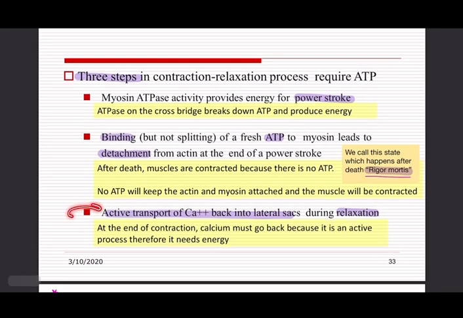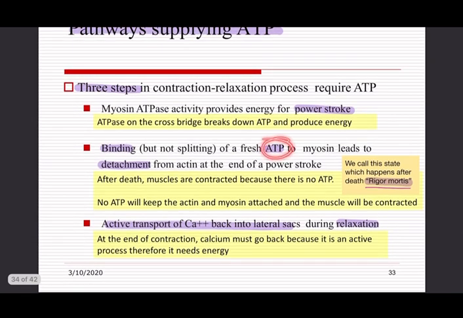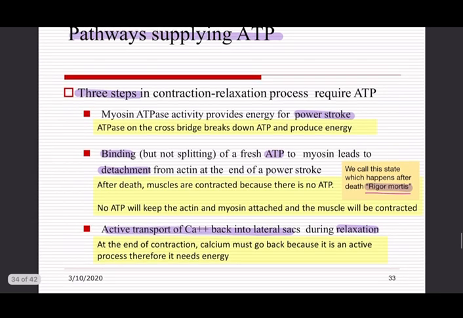And finally, the active transport of calcium back into the sacs of the sarcoplasmic reticulum during relaxation. An important thing to mention is when the head of the myosin is not detaching from the actin, we would have a condition called rigor mortis, which usually happens during death.